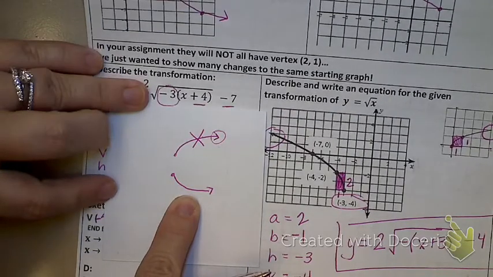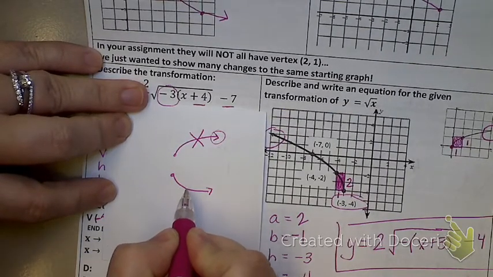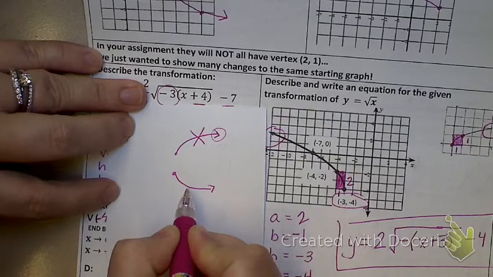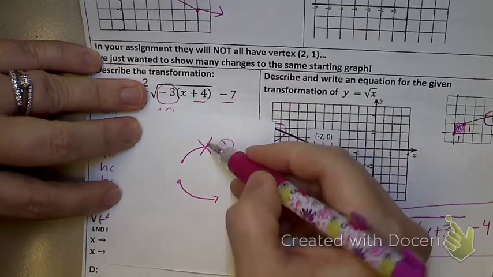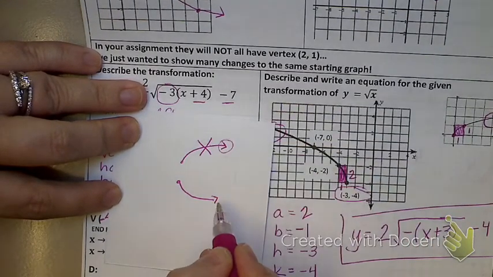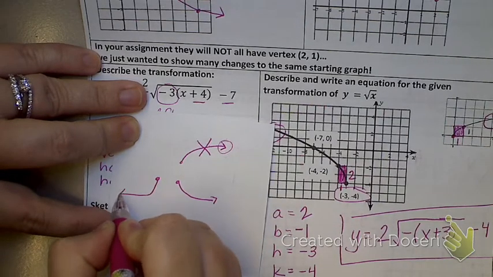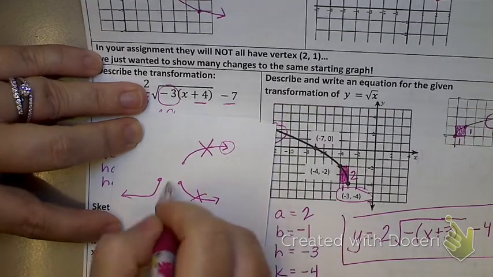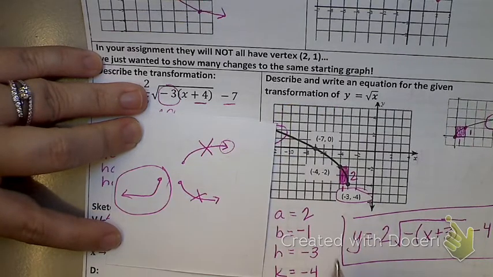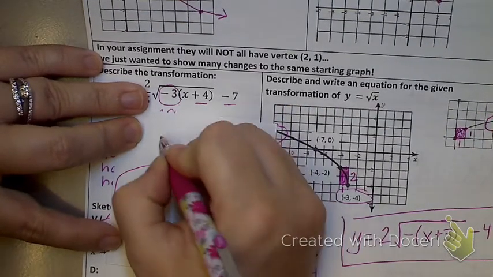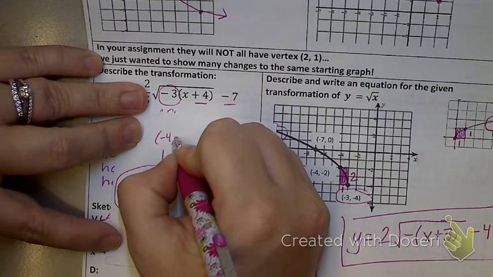And if I have a -B value, that means I also have a horizontal reflection, which means that it not only had to flip down, but it also has to flip to the left. So that means that my graph would now be going this way. So the final graph is going to look like that with a vertex of -4, -7.